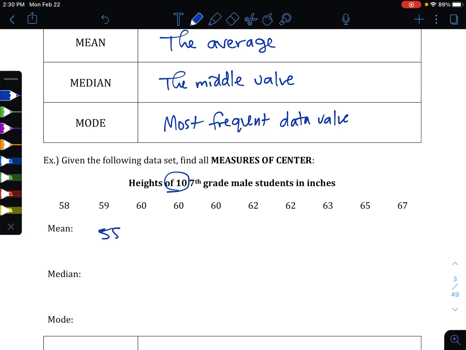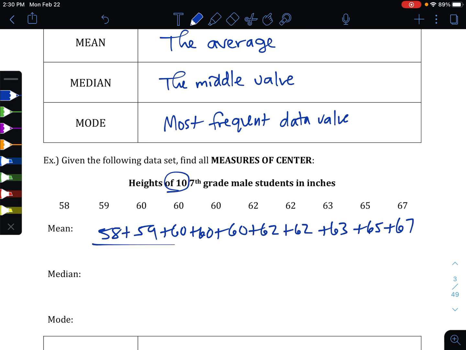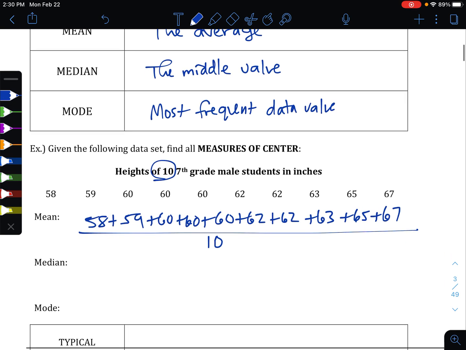So we're just going to do 58 plus 59 plus 60 plus 60 plus 60 plus 62 plus 62, adding all of these up. Obviously, the order you add them in doesn't matter. And then we're going to take that sum and divide by how many there are. So it's a sum divided by the number. So the sum would be 616 divided by 10, which is an average of 61.6.